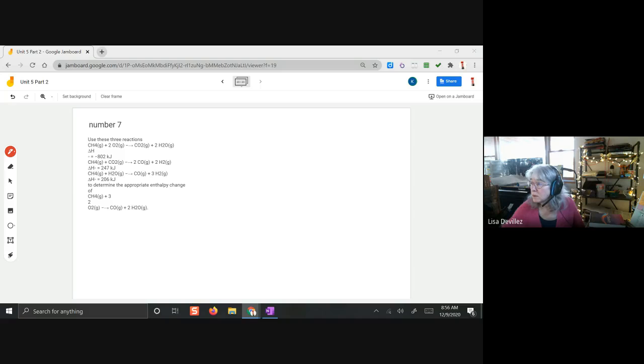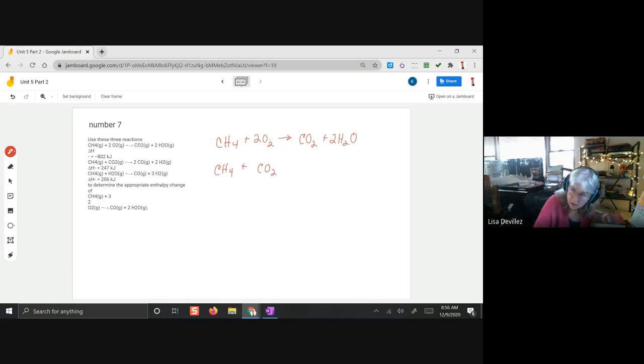Okay, so it's wanting, again, let me pull it up here. Number 7. Okay, so it's given us CH4 plus 2O2 yields CO2 plus 2H2O, and CH4 plus CO2 gives me 2CO plus 2H2, and CH4 plus H2O yields CO plus 3H2.